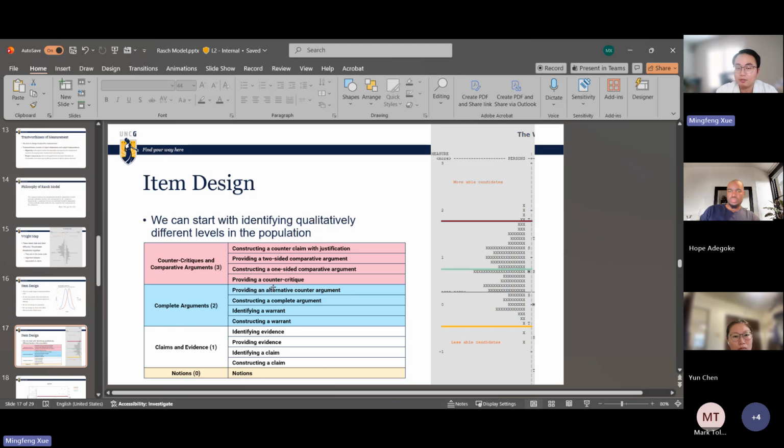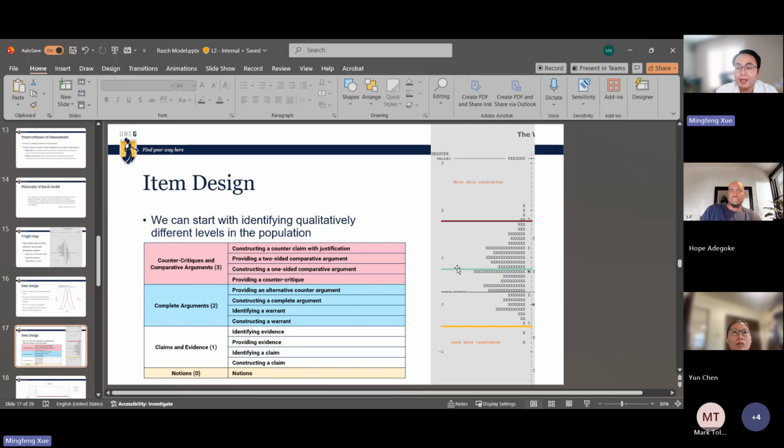Our population goes from the lowest to the highest, and theoretically there should be different thresholds. We can separate our population, or insert vertical bars in our population, that reflect different levels of our respondents. For example, under the orange one, they represent nothing, no knowledge about argumentation.